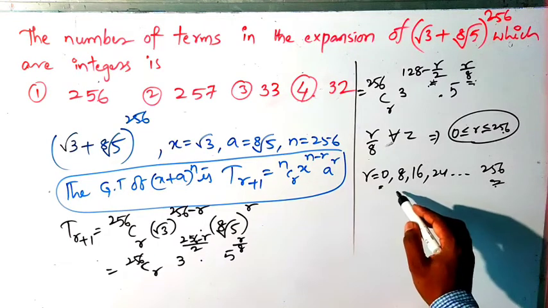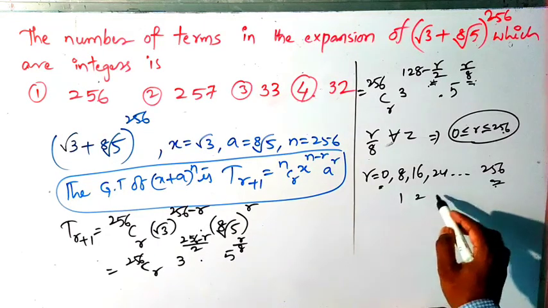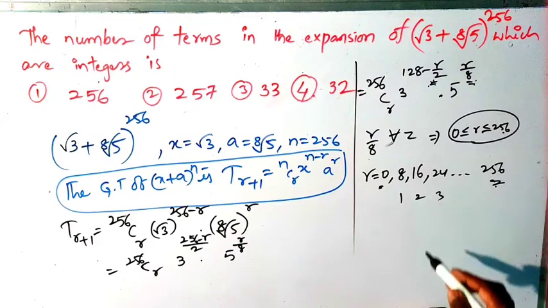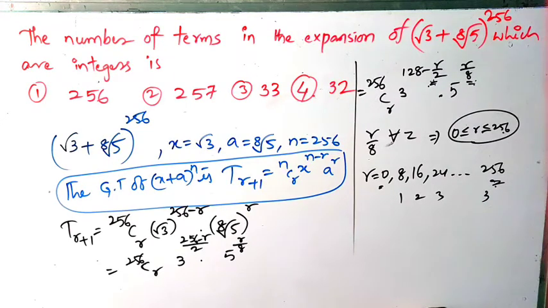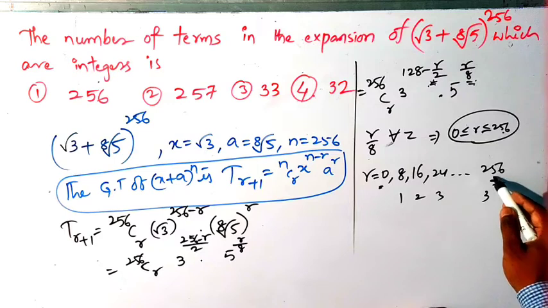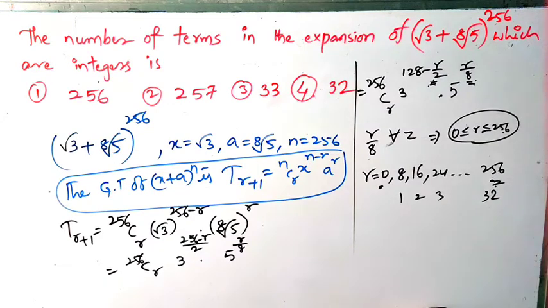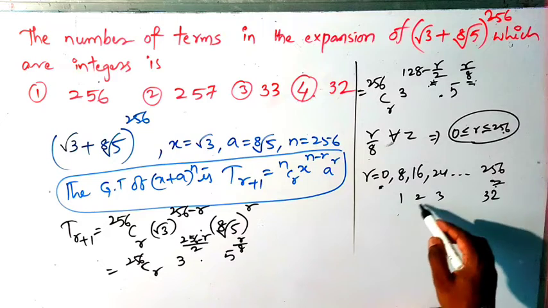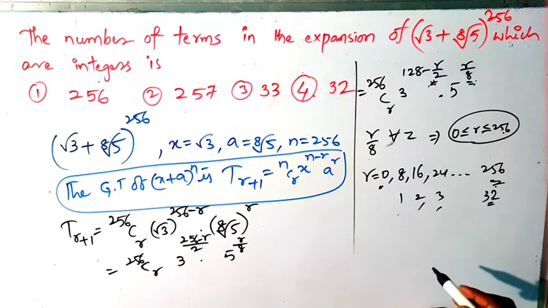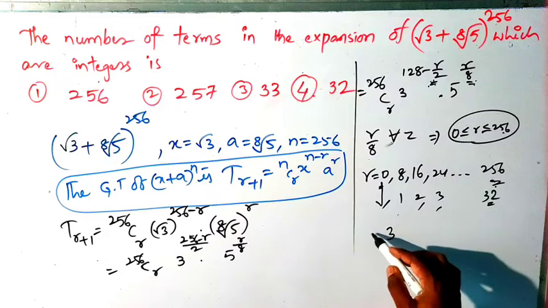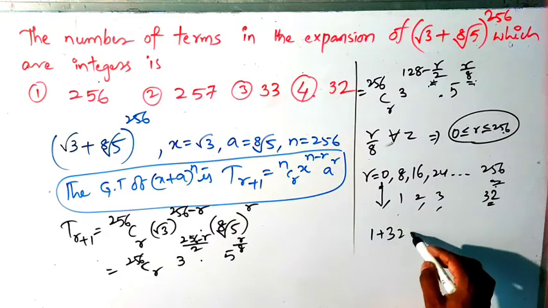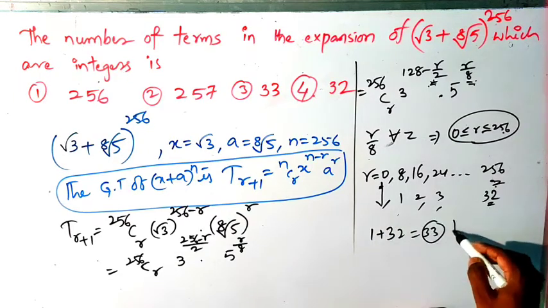So see here, 8 ones are 8, 8 twos are 16, 8 threes are 24, and so on. How many terms are there? 1, 2, 3, up to 32 terms are there. And the remaining one, 0, is also there. So 32 plus 1, that is nothing but 33 terms exist here.